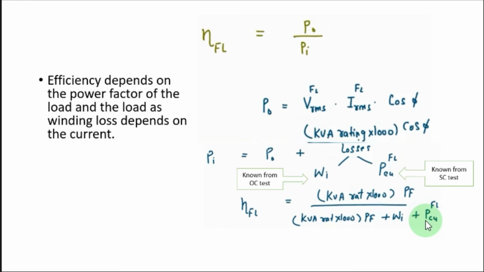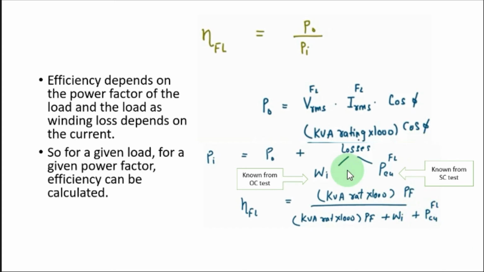So efficiency basically depends on the power factor of the load and the load, as winding loss depends on the current. This copper loss is dependent on the current. So for a given load, for a given power factor, efficiency can be calculated.